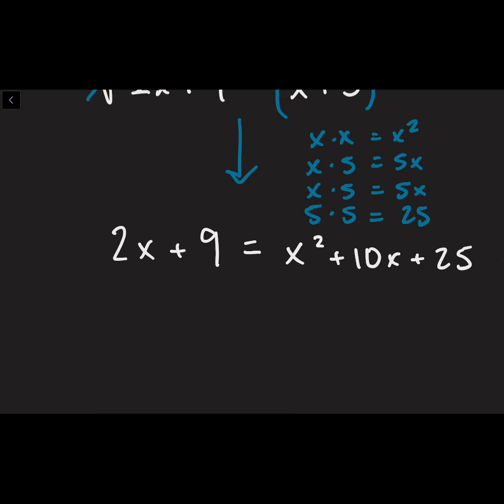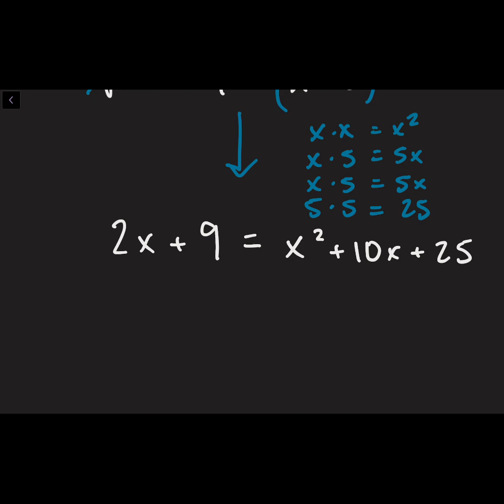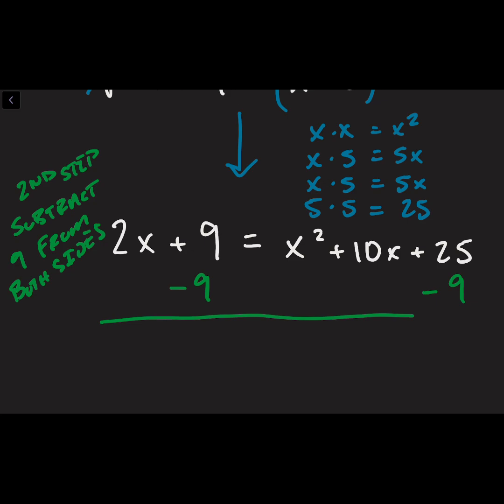Now we can move down to our second step of the day. We're going to subtract 9 from both sides. We subtract 9 from this side and 9 from this side.